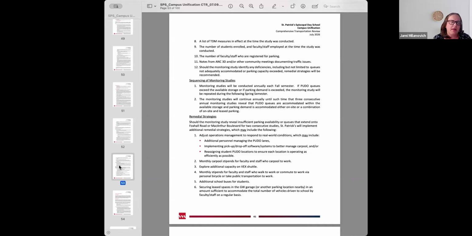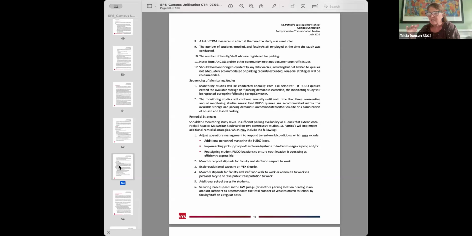So there may be a way to tie that to, if an issue comes up that isn't readily addressed at that quarterly meeting, that they have to do a monitoring study because the enrollment has increased. I think we can come up with some language that gives you that comfort level that covers that. So I'd like to think a little bit about that and what that might look like, and then run it past you to see if that addresses your concern. But I think it's a fair point that you raised.